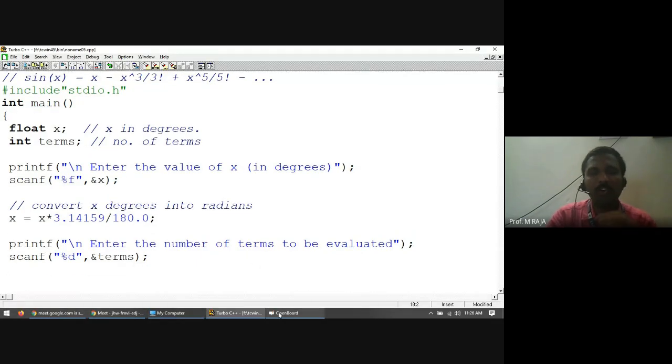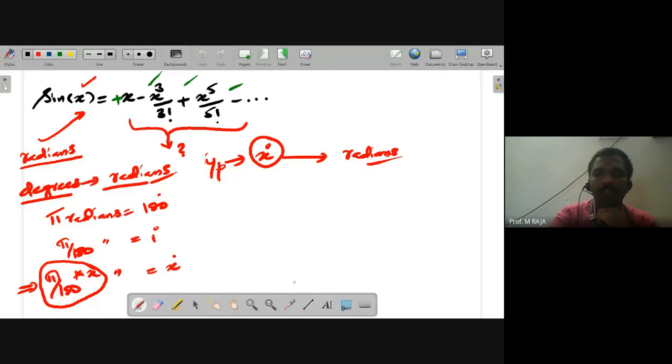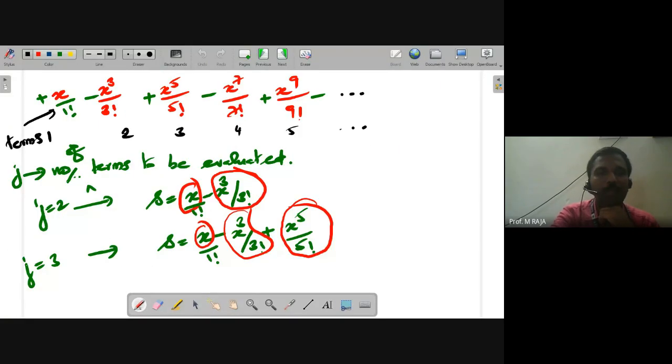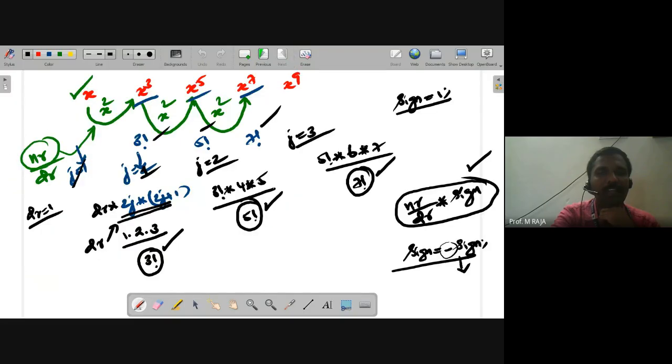Next, have a look into our logic. We need to evaluate the numerator by denominator. At every stage, if we evaluate the numerator and denominator, we can write simply sum is equal to sum plus numerator by denominator, where numerator by denominator is appropriately multiplied by the sign. And we need to control exactly the number of terms.